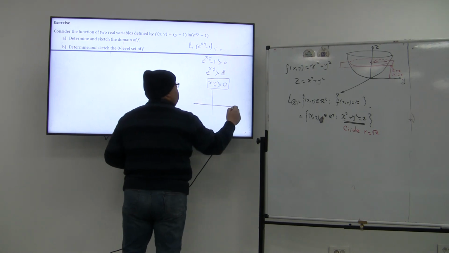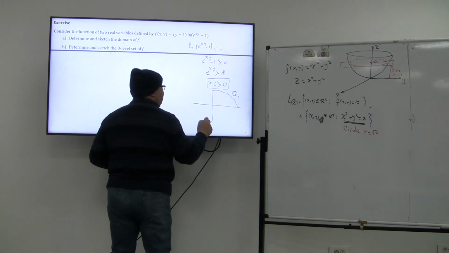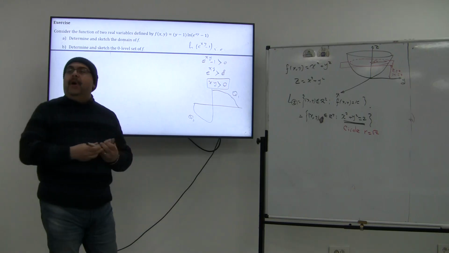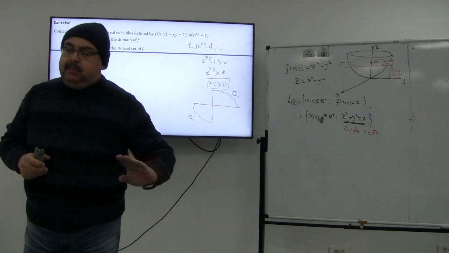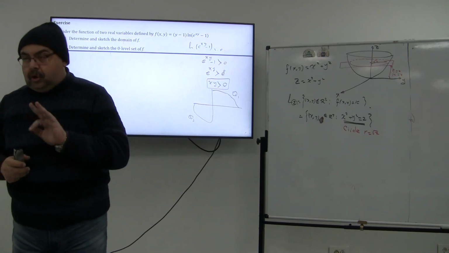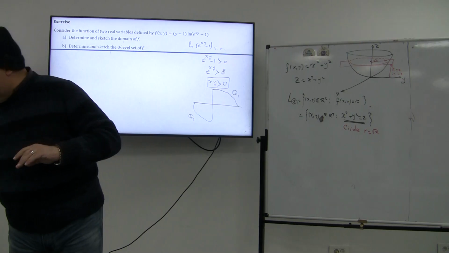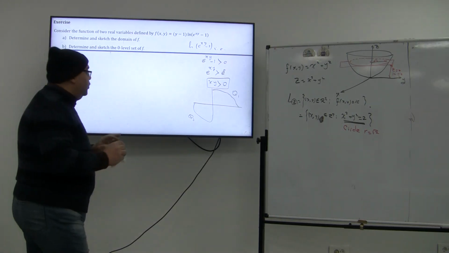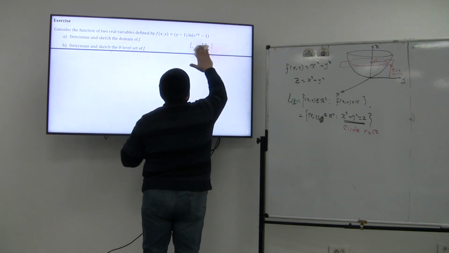It stands for the first quartile, Q1, and Q3. Why? Because x times y will be greater than 0 if both x is positive and y is positive. Also, when x is negative and y is negative. That will happen within the third quartile, as I was trying to explain to you.